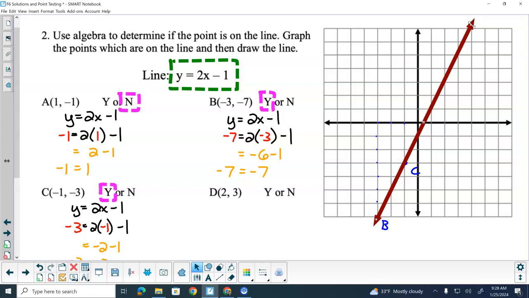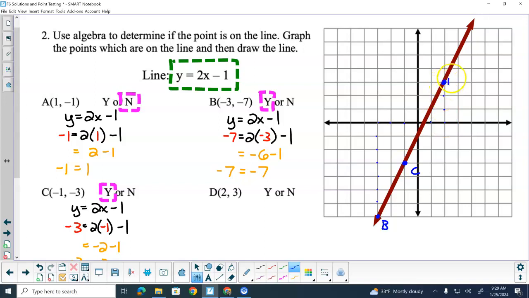Now that we have a line drawn on our graph, we can use it graphically to determine if the point 2, 3 is on our graph. So point B was there, point C was there, 2, 1 and 2 to the right, 3 up, 1, 2, and 3.